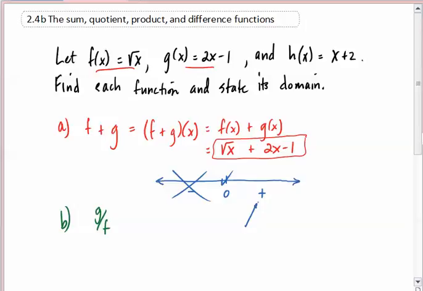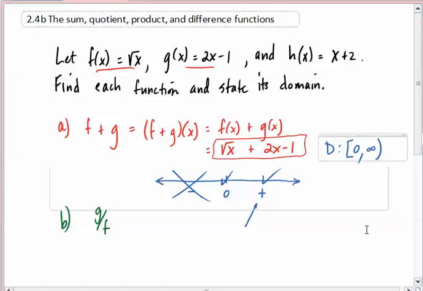Is it okay to put any positive number in those x places? Yes, indeed it is. So I've discovered my domain, and that is this. My domain starts at 0 and goes to positive infinity. Pretty simple, right? 0 to infinity, and that's in interval notation.